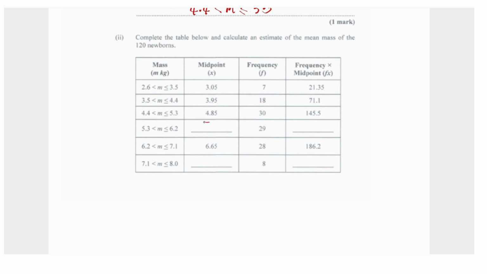So this is 5.75. And then also here we want to find the midpoint. So we're going to add 7.1 and 8.0, and that gives us 15.1. Divide that by 2, we get 7.55. So this is 7.55.